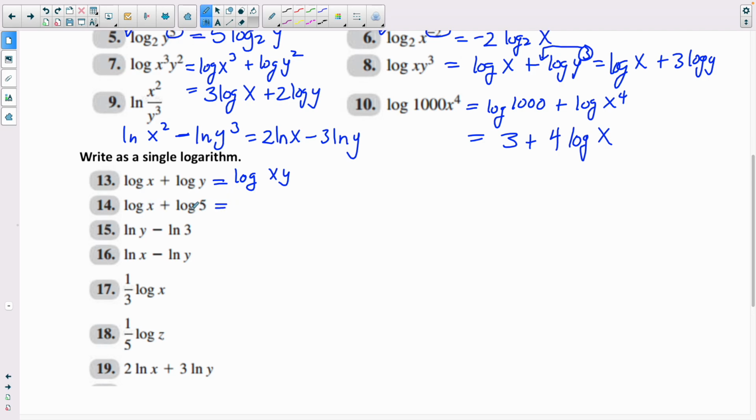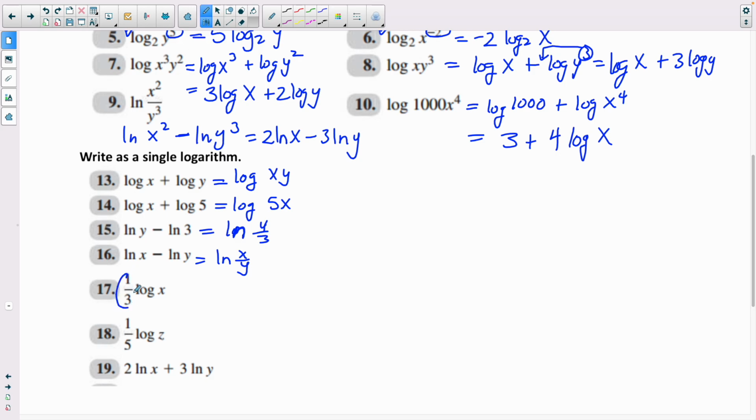We have a sum of 2 logarithms with the same base, which turns into a product, 1 logarithm with the product of those 2. Here we have a minus sign, so 2 logarithms with a minus sign between them. This becomes the quotient, log y over 3. So notice there's one logarithm. Natural log x over y.